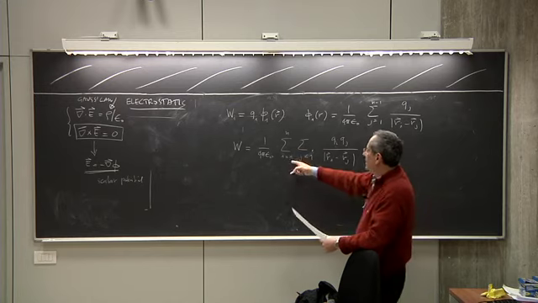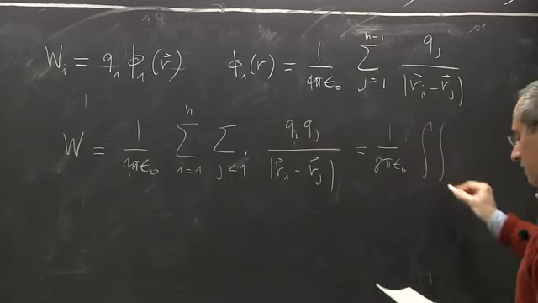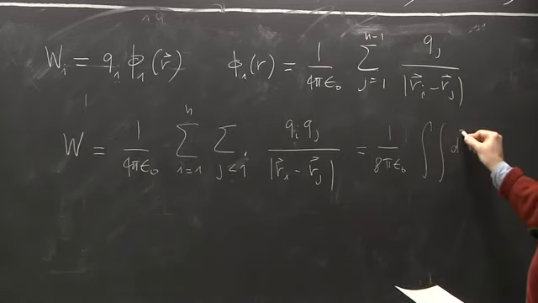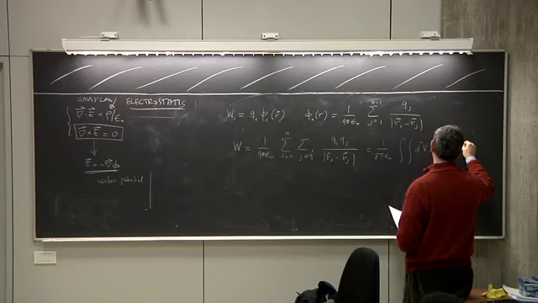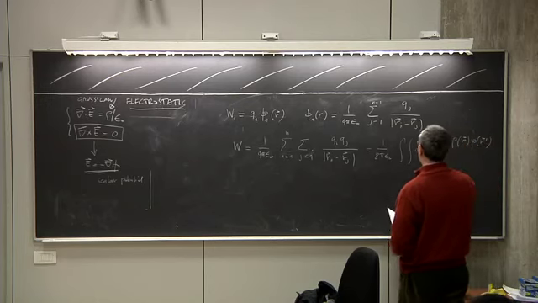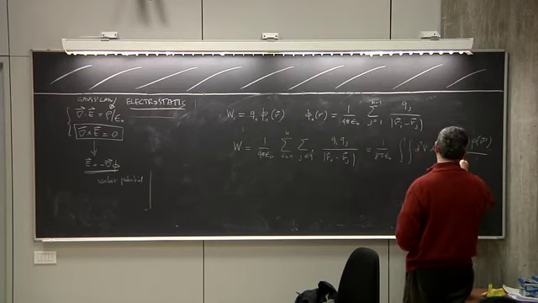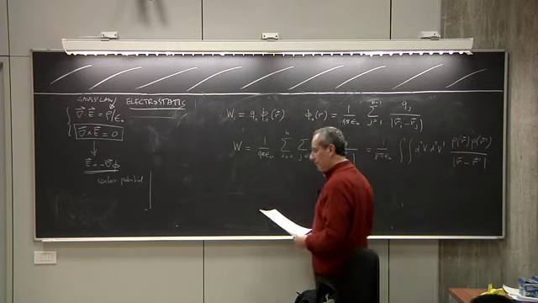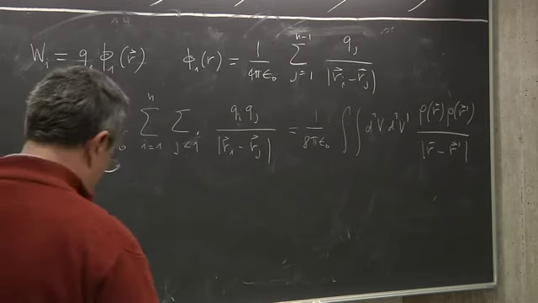Then I replace these sums by 2 integrals over the volumes d3v prime of some density of charges at the point r in this volume and a point r prime in this other volume. And downstairs I just have this 1 over r dependence that is characteristic of the electric potential. Okay?